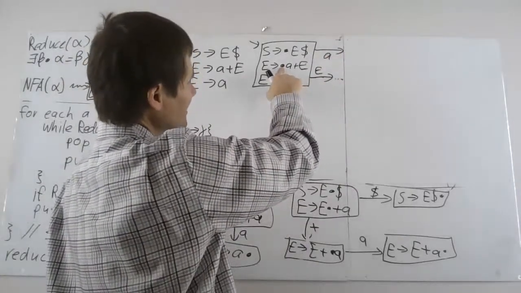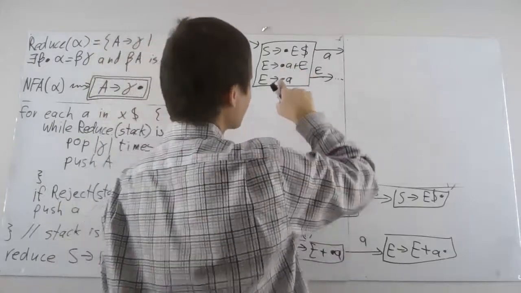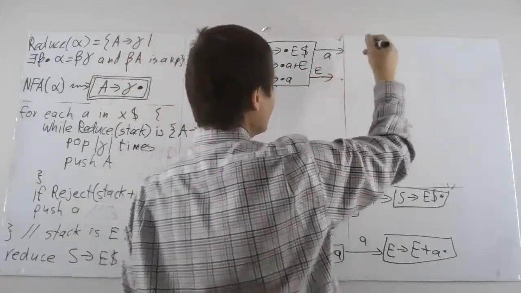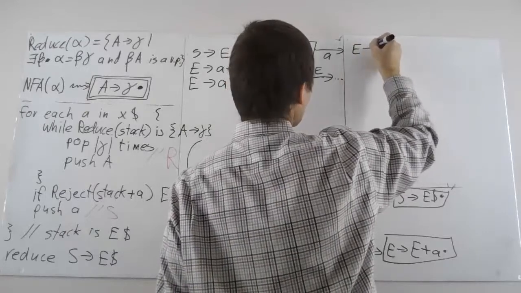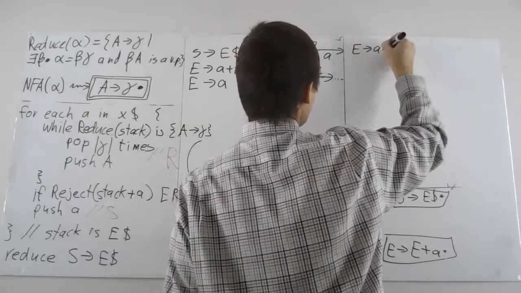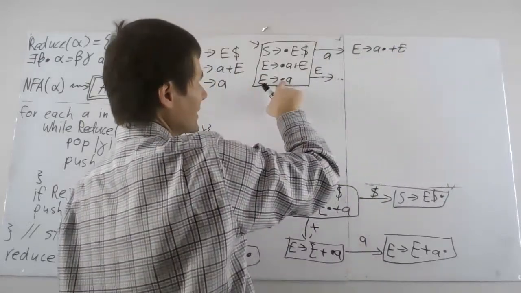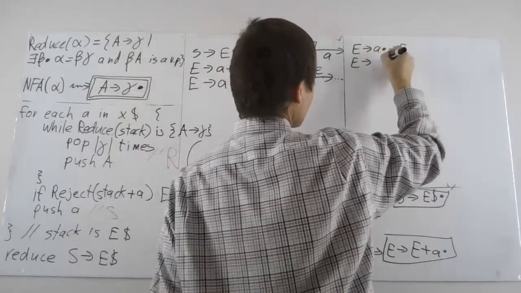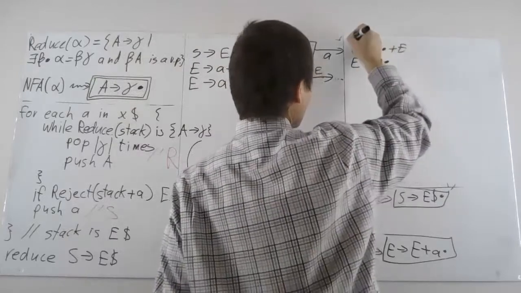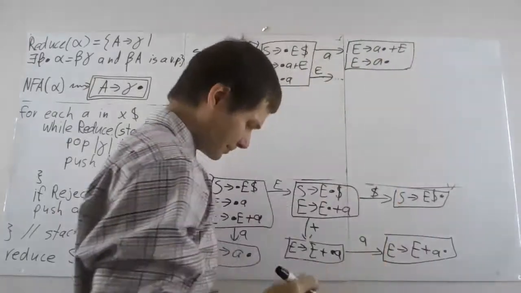From these states, the dot jumps over the A. So from this state on an A, the NFA would go to a state that looks like E goes to A dot plus E. And on this state, we would jump the dot over the A, and we would go to a state that has E goes to A dot.